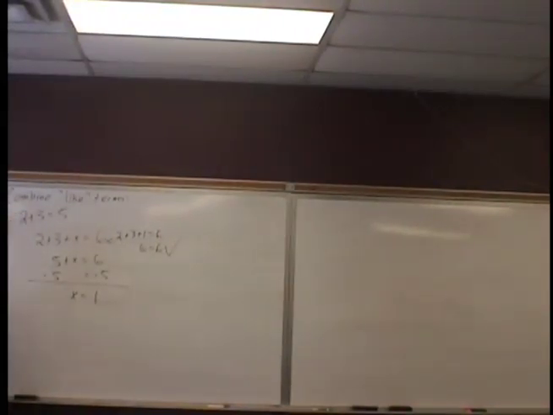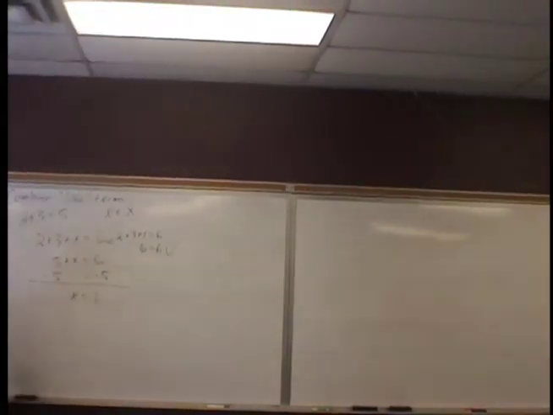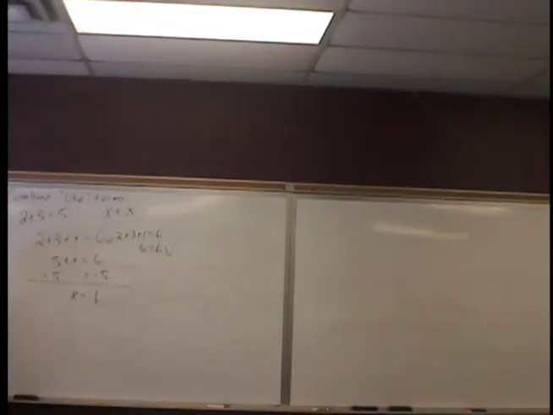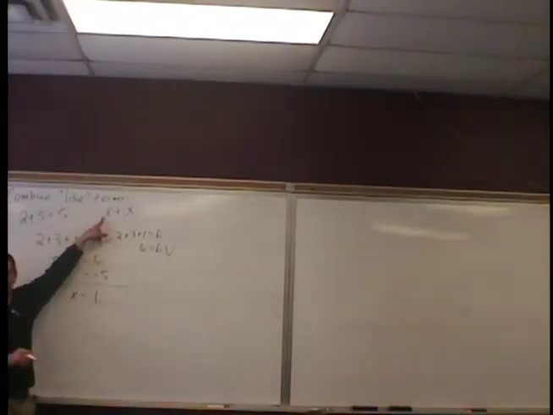Now, we know how to combine constants. Why is it 2x? It's 1x plus 1x, right? Remember that the number sitting out in front of this x is a 1.